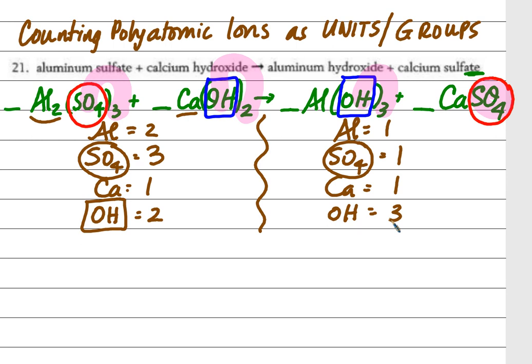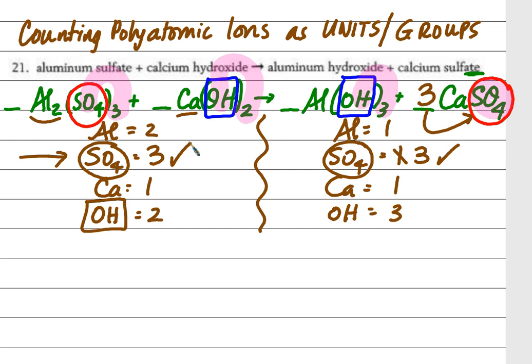Because after all, you'd see it right away. There's 3 sulfates in the reactant side and only 1 on the product side. And so therefore, let's place a coefficient of 3 next to calcium sulfate. What does that do? It brings the number of sulfate groups up to 3. And so now that's balanced. Sulfate groups are now balanced.